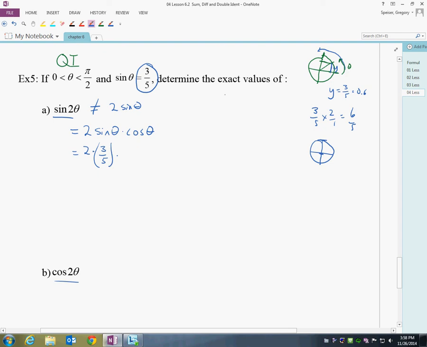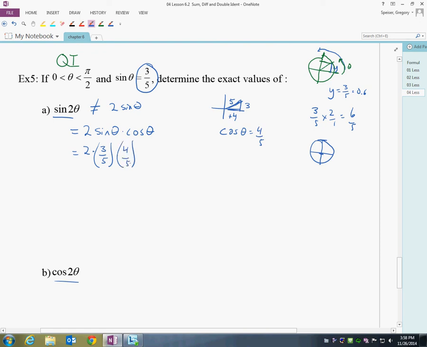If I'm in quadrant number 1 and I've got 3 over 5, that means my opposite side is 3 and my hypotenuse is 5, so what's this side? It's going to be 4. The quadrant 1 part comes in determining that it's going to be a positive 4. So my cos of theta is going to be equal to 4 over 5. I'm going to put 4 over 5 over here.